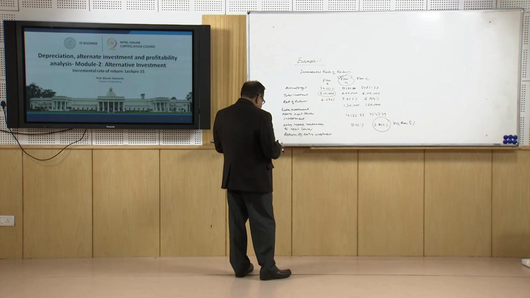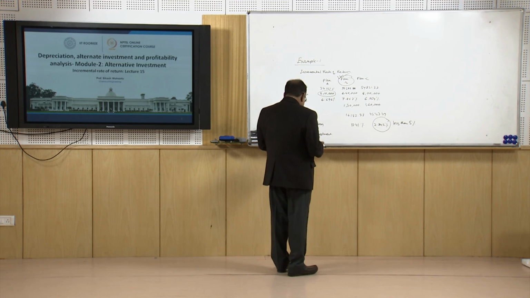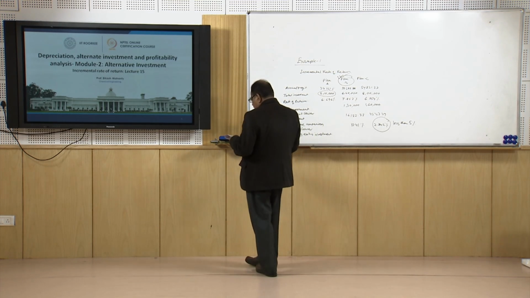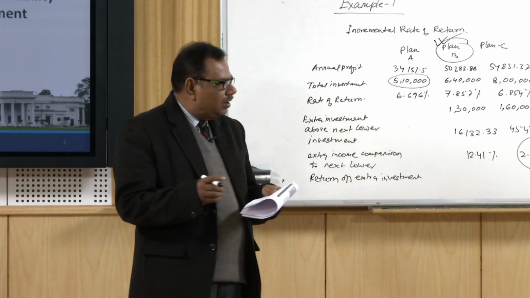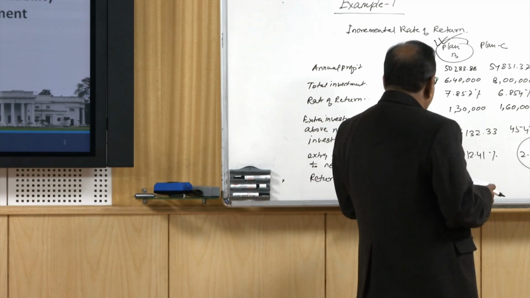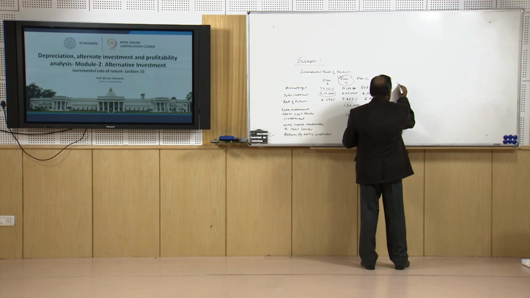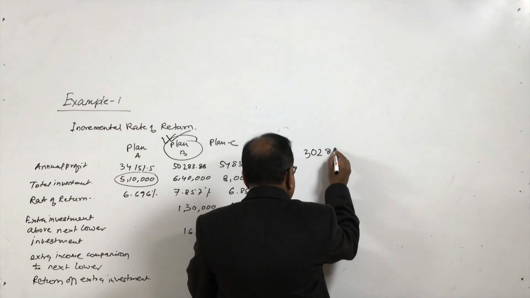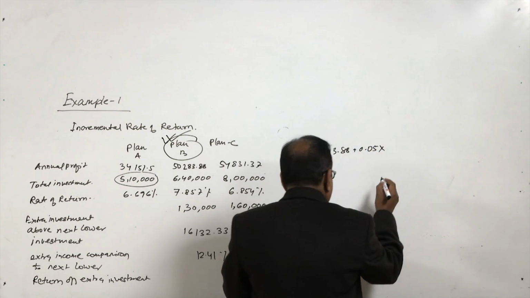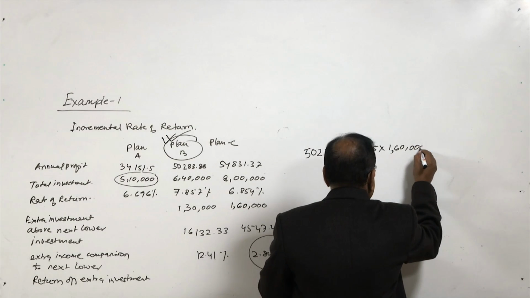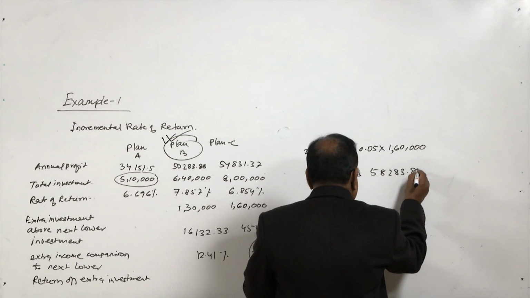So, based on this, my selection will be B. So, if I put that extra money into the bank and suppose I get only 5% interest, then my profit will be 50,283.88 plus 0.05 into 1,60,000, which comes out to be rupees 58,283.88.